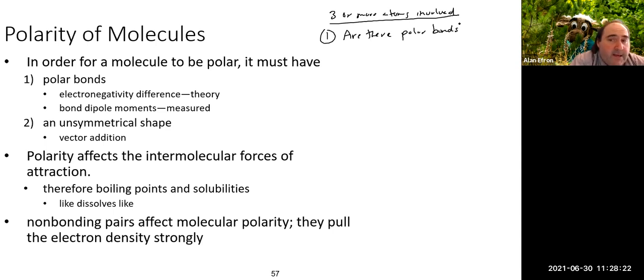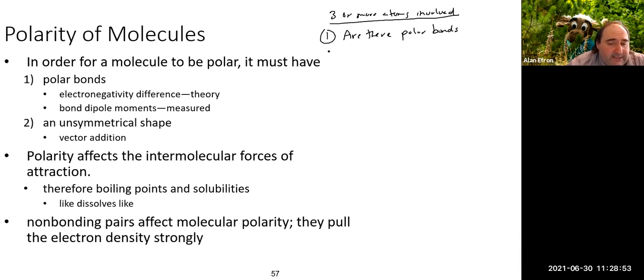Now, if you determine there are some bonds that are nonpolar, but there are some bonds that are polar, and if there's at least one polar bond present in a molecule, you then have to look at a second aspect of that molecule, because just because you have a polar bond present, it does not necessarily mean that you will have a polar molecule when you have three or more atoms present.